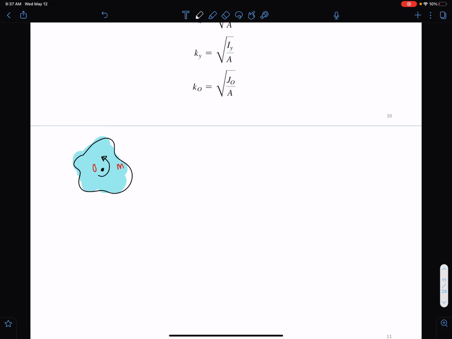So the mass moment of inertia of the real object, of the whole object, is equal to the moment of inertia about O.